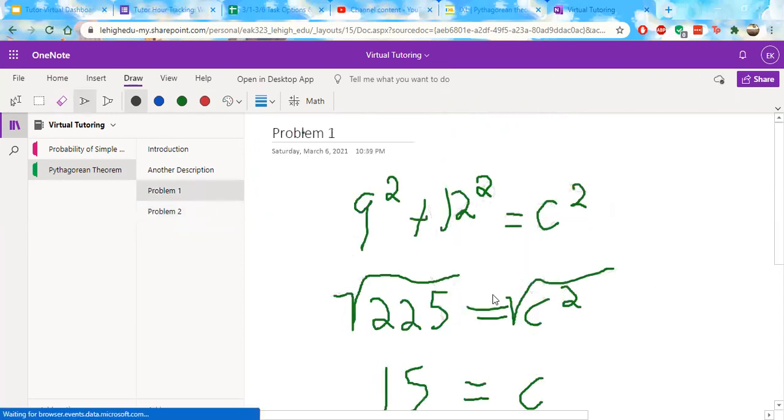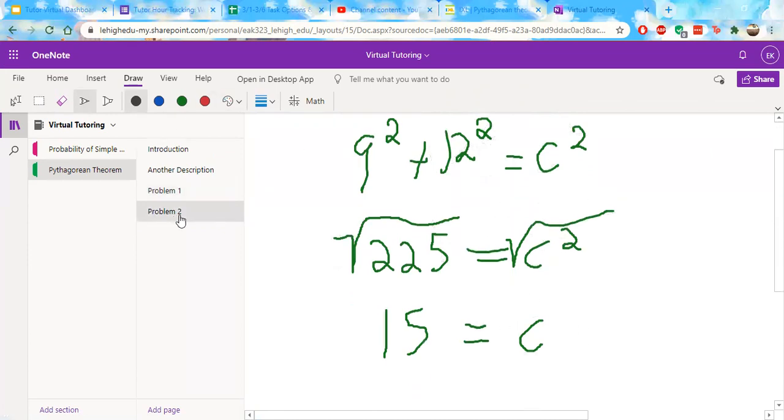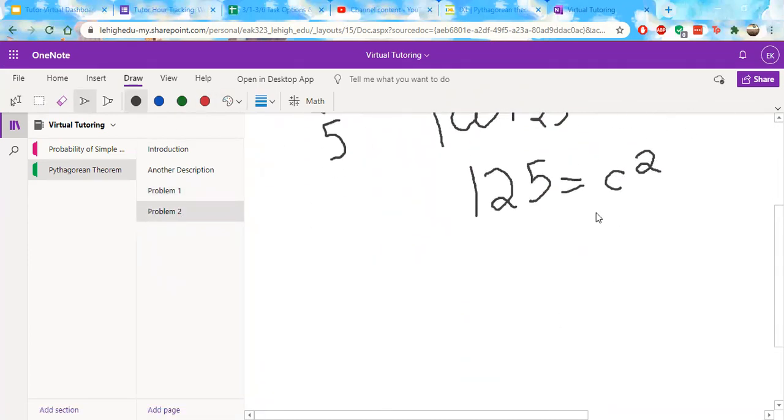And then, just like I said before, we're not done once we get c squared. We need to get c. So c equals the square root of 125. All right.